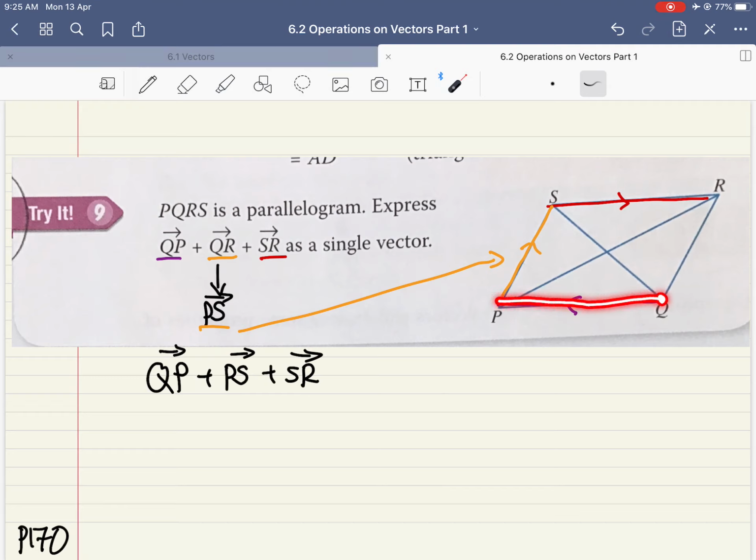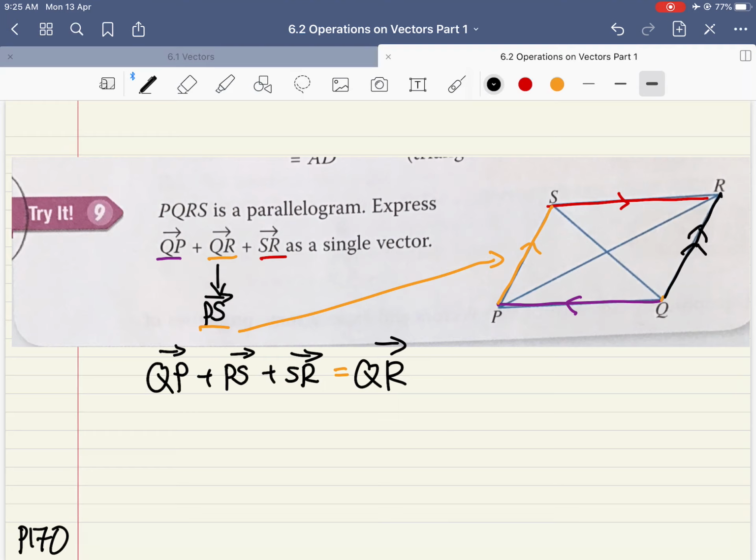From Q, I can move to P, that's QP plus PS, then plus SR. So I end off down here. What is the single vector that represents QP plus PS plus SR? It is this vector down here, which is QR. Hence, the resultant of the addition of these three vectors is equal to QR.